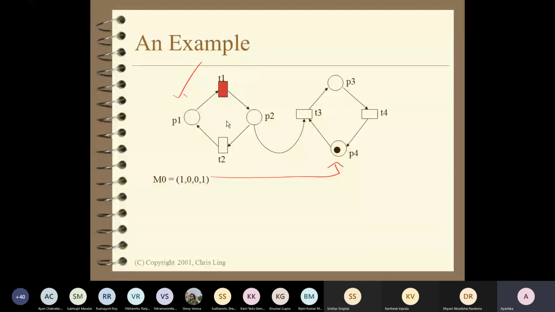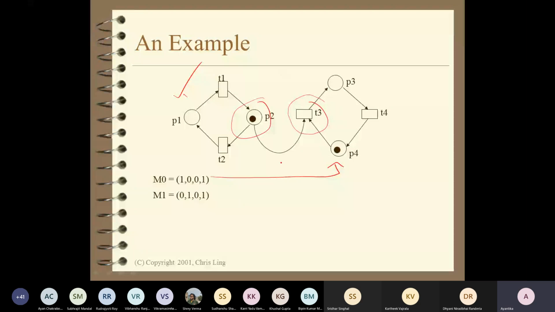Now there is a transition T1. This transition is consuming the token in P1, and it is going to P2. Now you have two tokens at the input of the transition T3. That means for T3 to get satisfied, it requires two input conditions. How do you understand that?